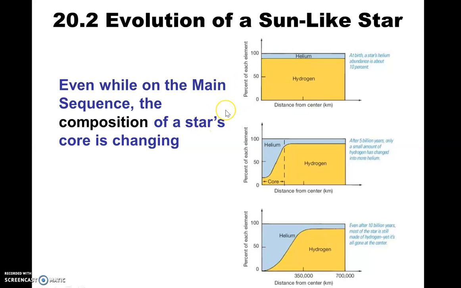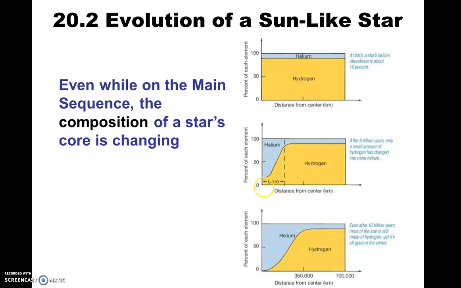All right, so this is basically what we were talking about with the star in stage 7, where most of the core is hydrogen. There's a little bit of helium, about 10% or so, and then here's the age of the sun.